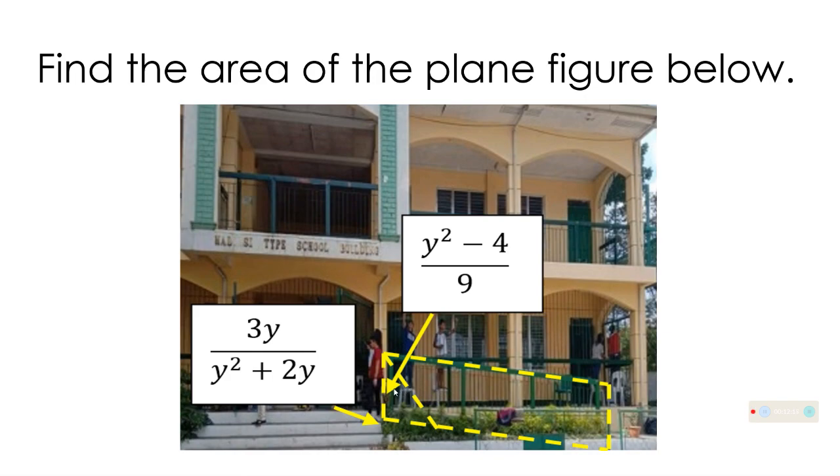So our h or height is y squared minus 4 over 9, and our base is 3y over y squared plus 2y. Okay? So just try to solve this so that you can practice yourselves on how you are going to multiply rational algebraic expressions using the figures by applying what you have learned on real situations.